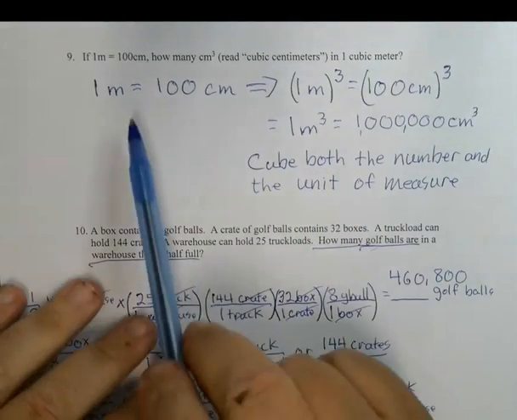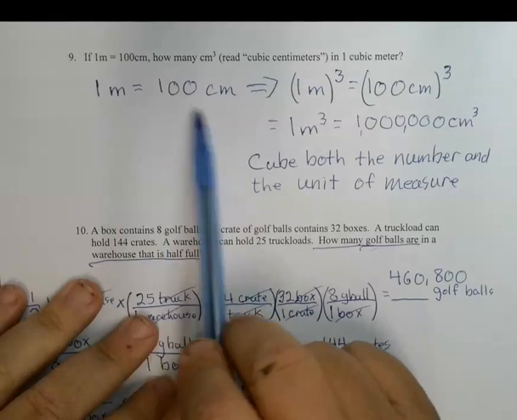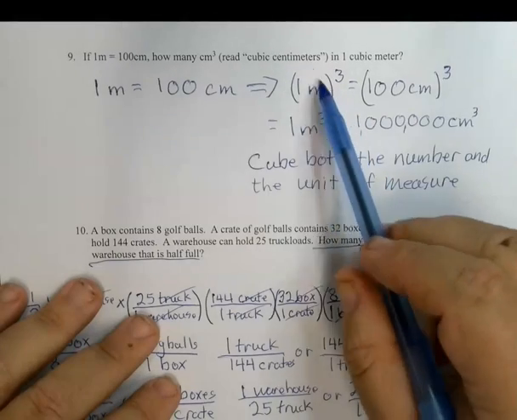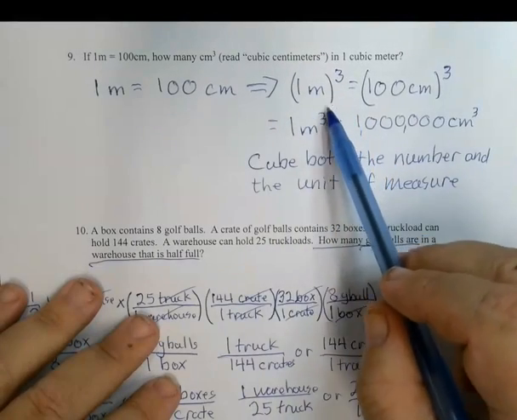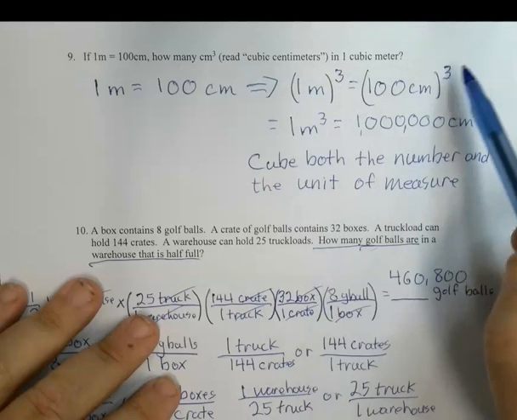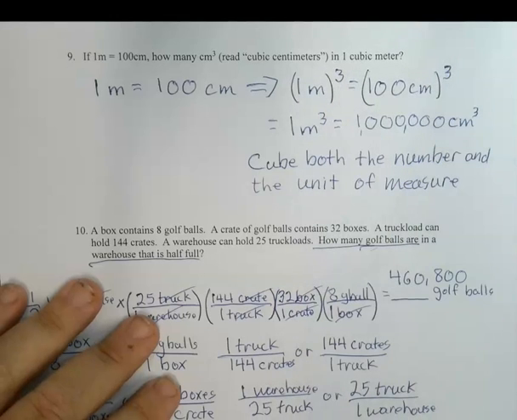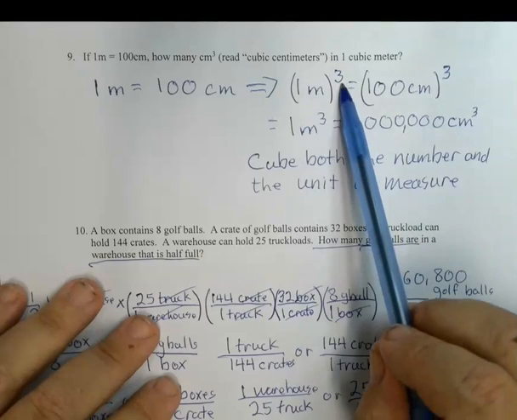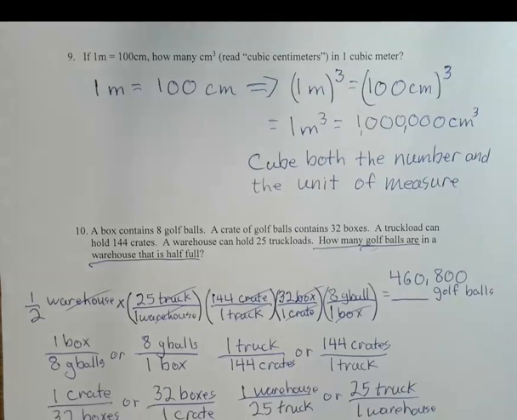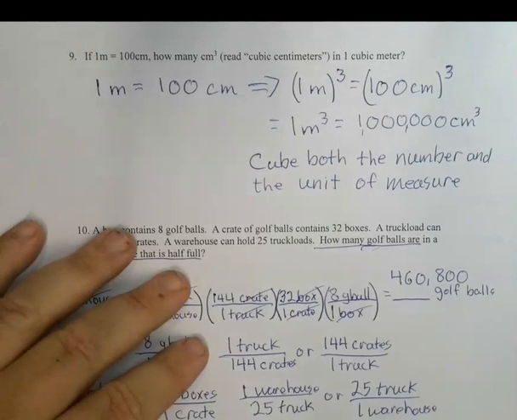The way you simply do that is you write that equation that I gave you, that equality, 1 meter is 100 centimeters, and then you surround both the number and the unit of measure in parentheses on both sides, and you cube them. So you raise them to the third power. When you do that, you cube both the number and the unit of measure. That's the point that I want you to get out of how you do this.